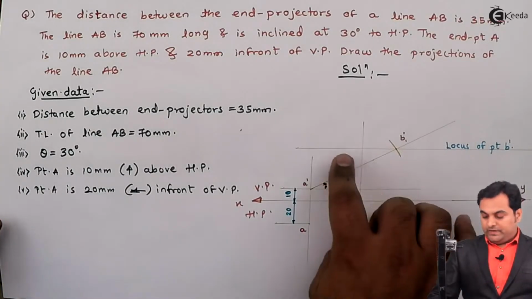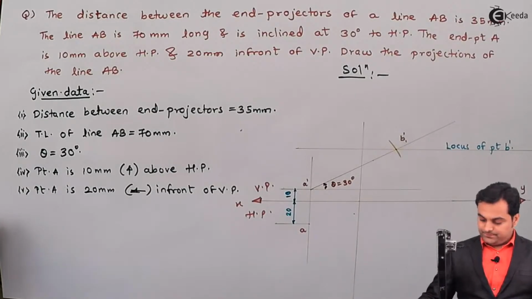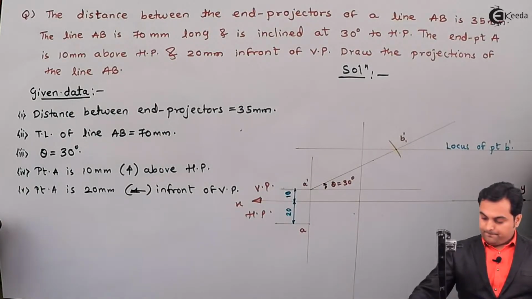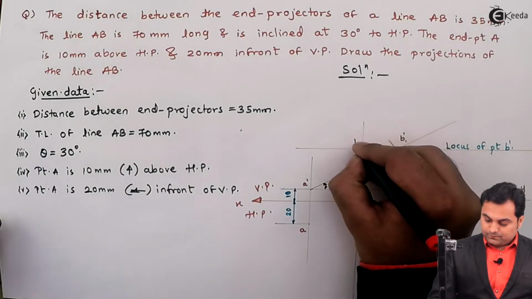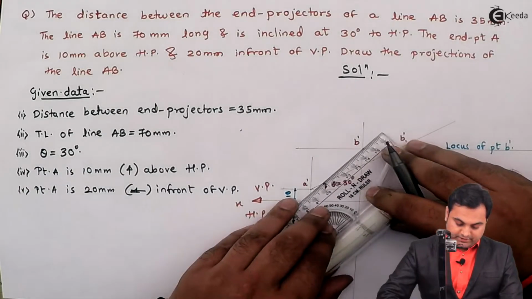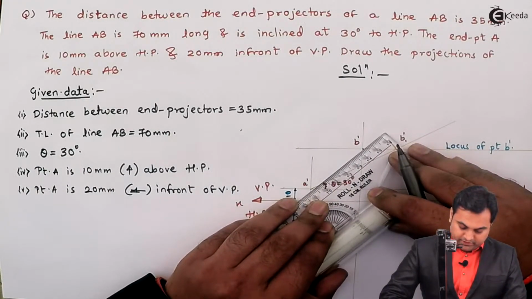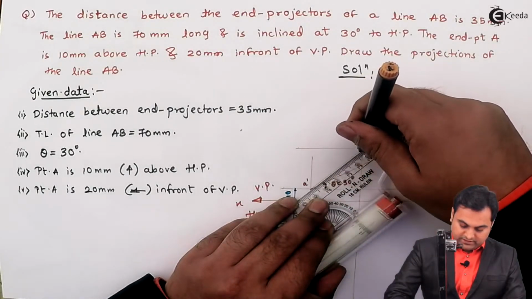Then where this line is cutting the distance between end projectors, that will give me a point which is point B dash, and then joining B dash with A dash, it will give me the apparent length of the line in the front view, which will be called the elevation length, EL.